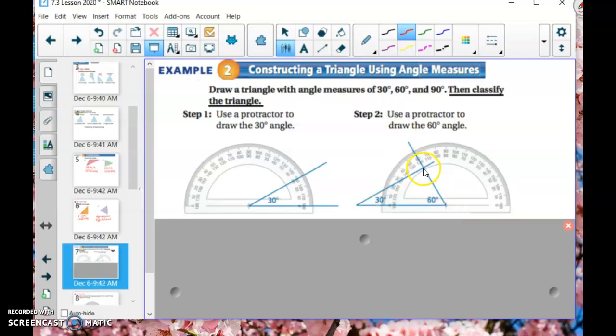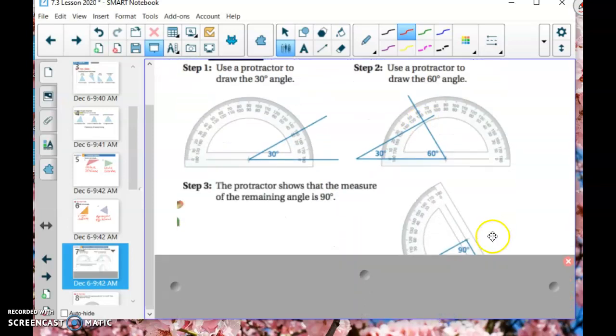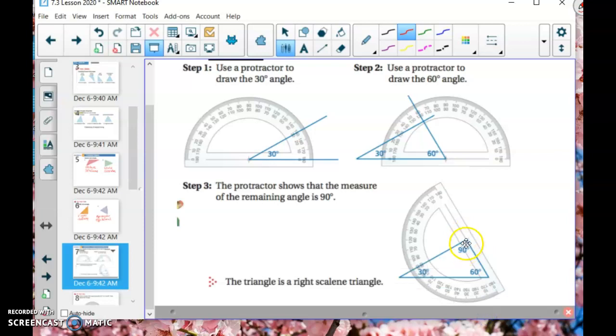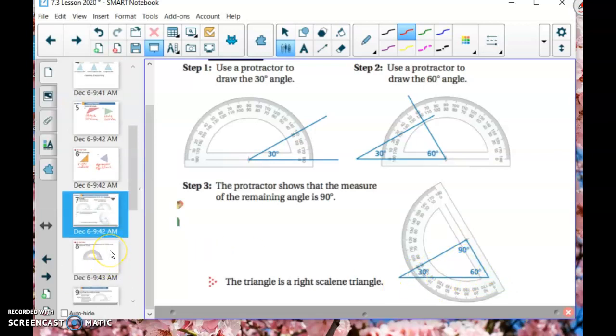Now, where these two lines meet, that's the finishing of my triangle, because I know that that last angle has to measure exactly 90 degrees. So I measured a 30, measured a 60, and then when I connect those two lines, that has to measure 90 degrees. And then to classify it, it would be right because it has one 90-degree angle, and it would be scalene because all three of those angles are different.